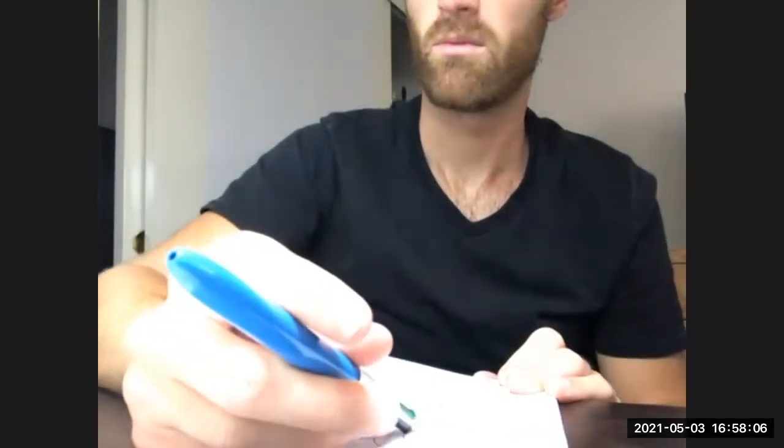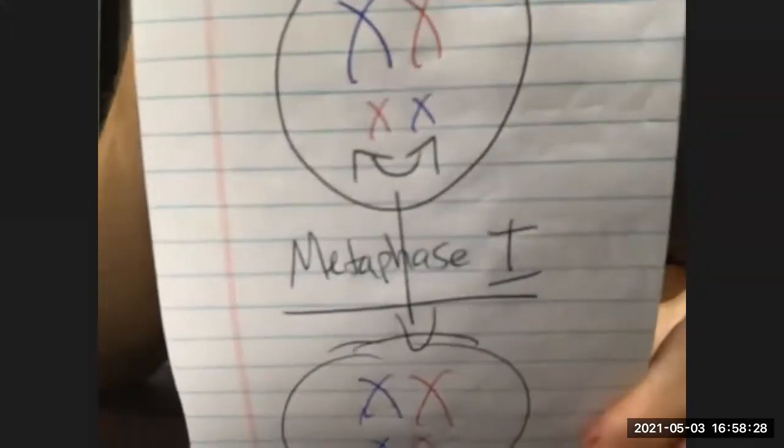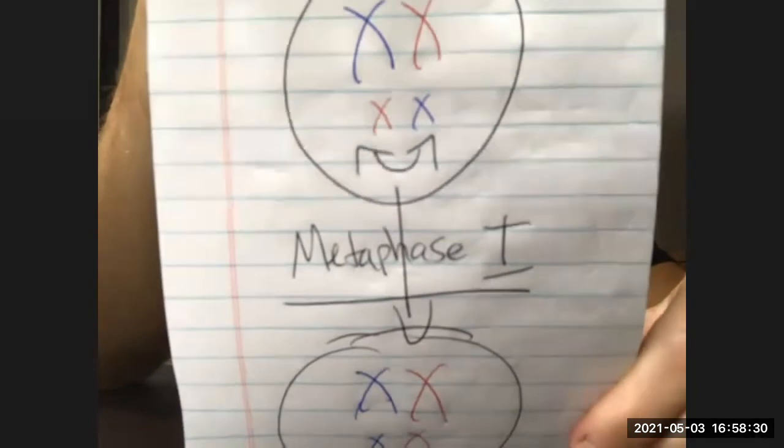How about crossing over? When does crossing over occur? Jeannie, you answered my question before I asked it. Amazing. Yes, crossing over occurs in prophase 1. And in this example, I didn't include any crossing over.